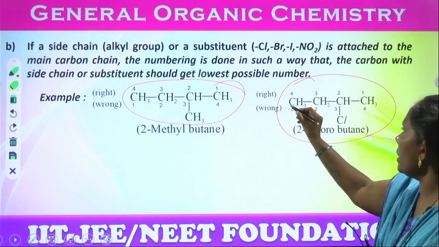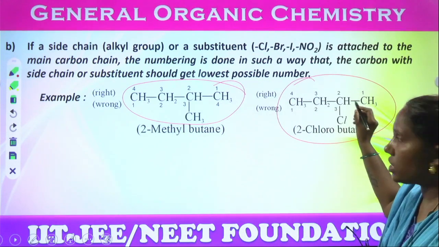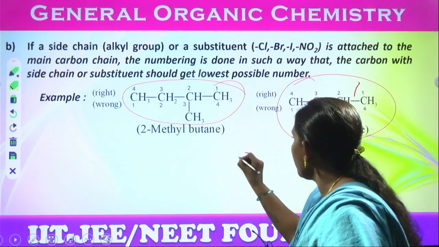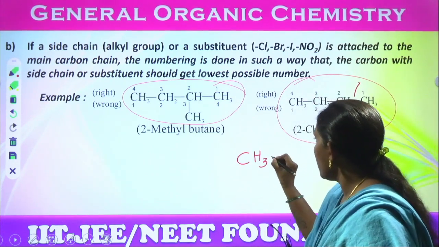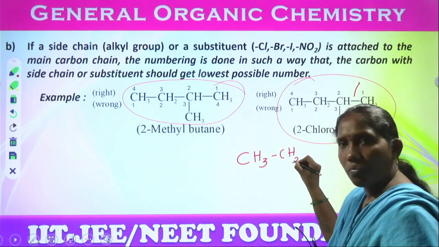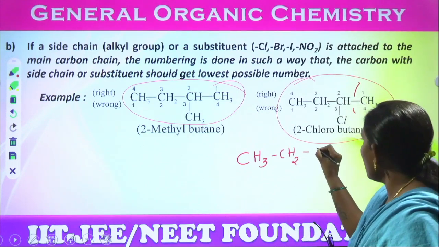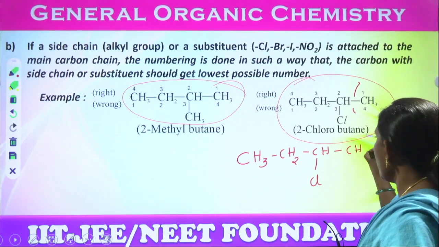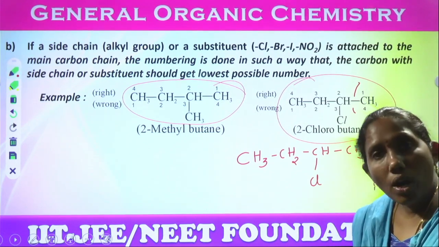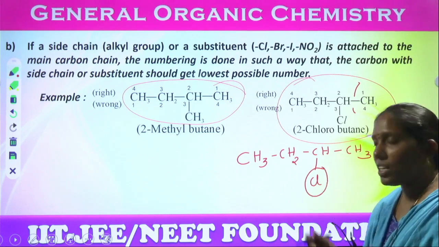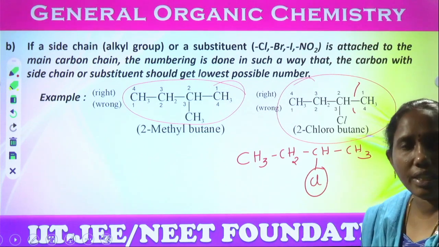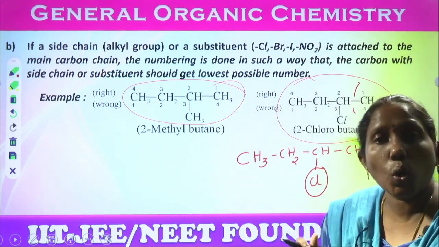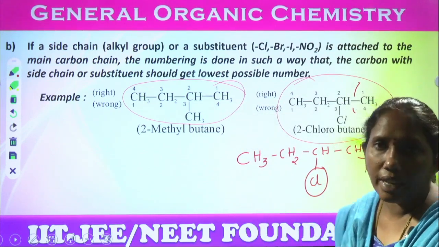Here CH3, CH2, CH, CH3, and Cl. The substituent here is Cl, chlorine, but while writing the prefix we have to write it as chloro; the o should be added at the end.